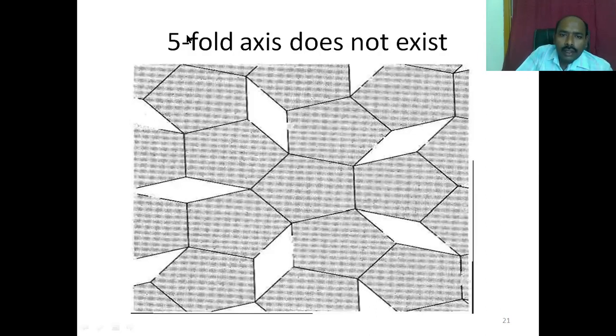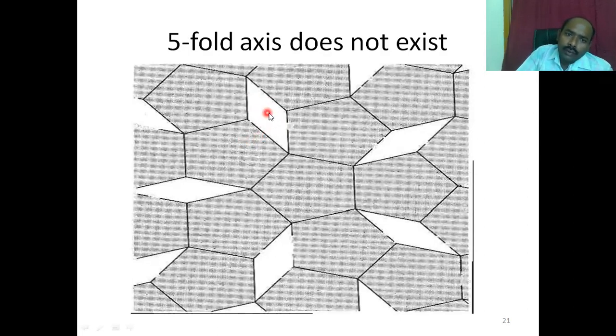Here we are observing empty, unfilled space.